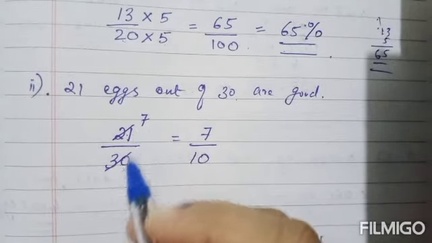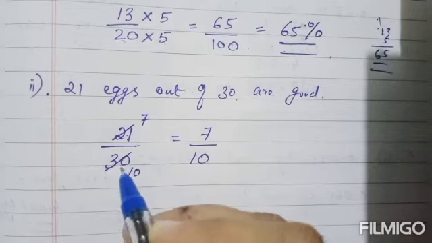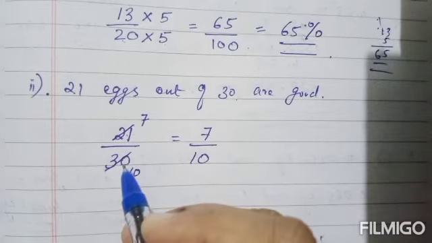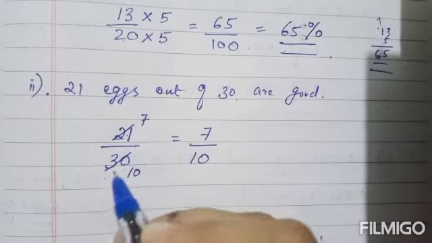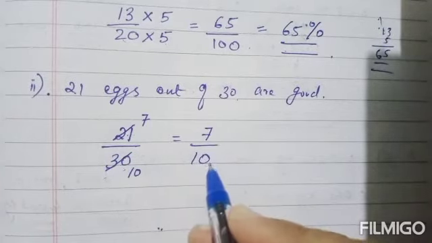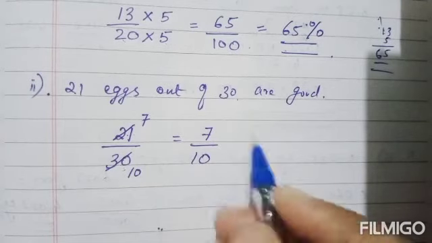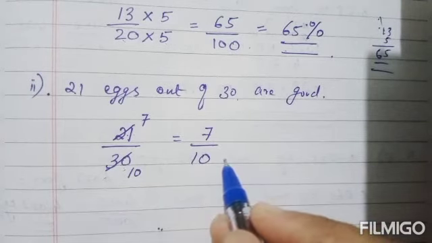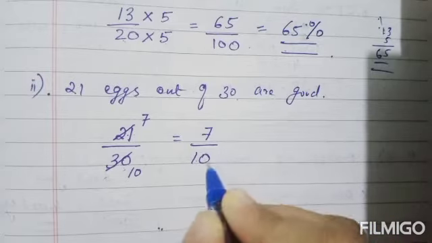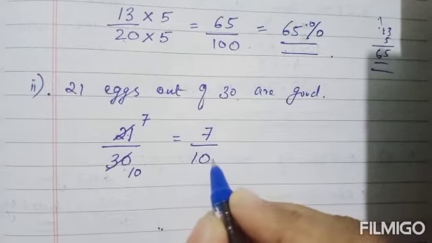So first you can reduce the fraction. Since 21 and 30 are divisible by 3, you will get 7 by 10. Now this fraction you can express in percentage form. Make the denominator equal to 100.